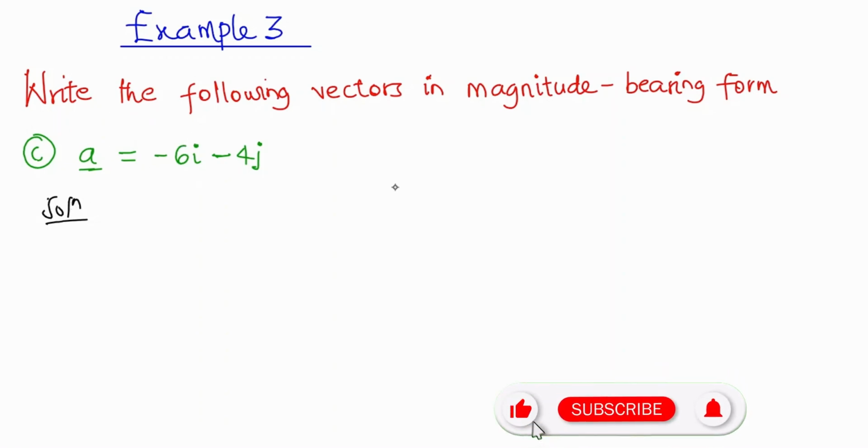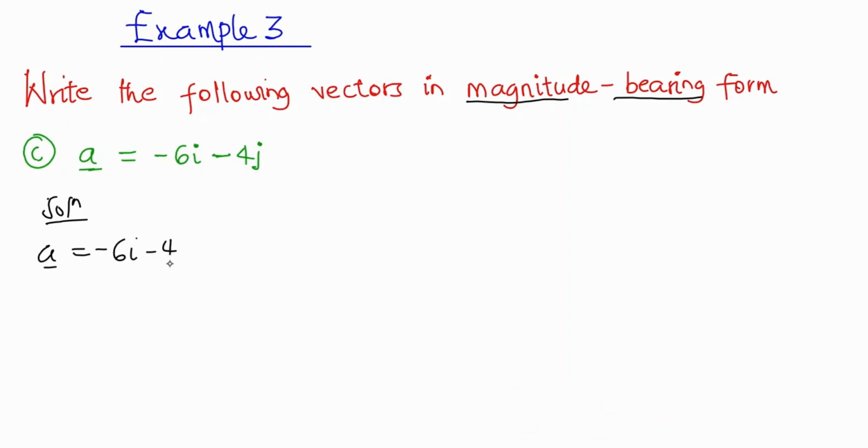Now, just like we are doing, we want to find the magnitude to bearing form of the vector A, which is equal to minus 6i minus 4j.